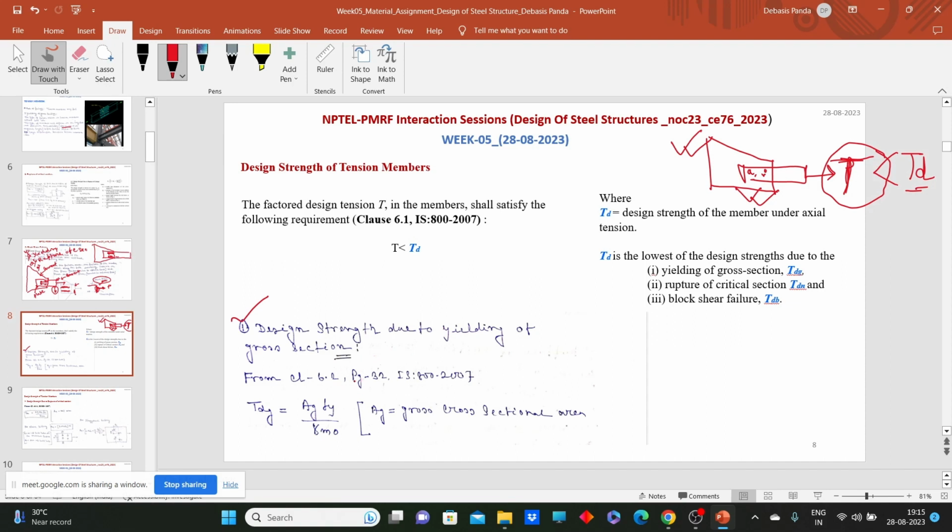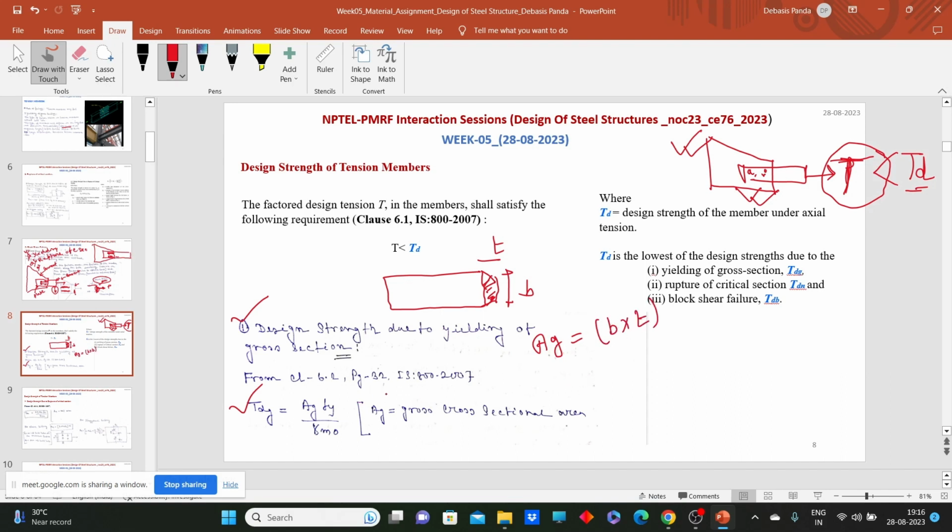From clause 6.2, if we have a solid plate with width B and thickness T, then the design strength due to yielding, TDG, we can express as Ag Fy. What is Ag? That is the gross cross sectional area. So Ag will be equal to B into T.